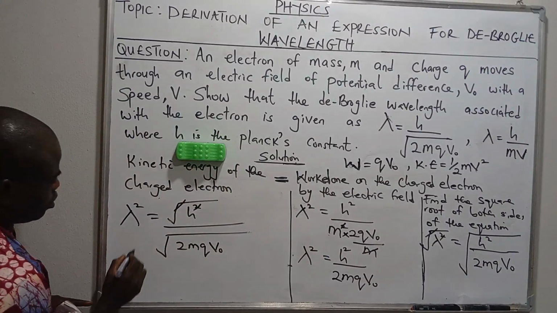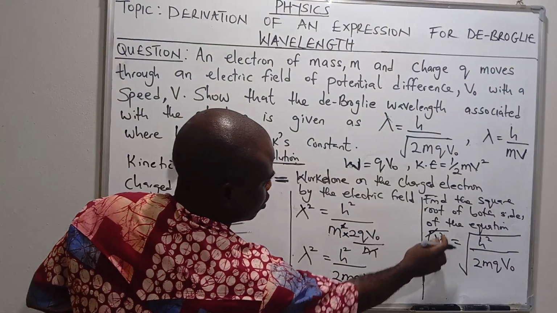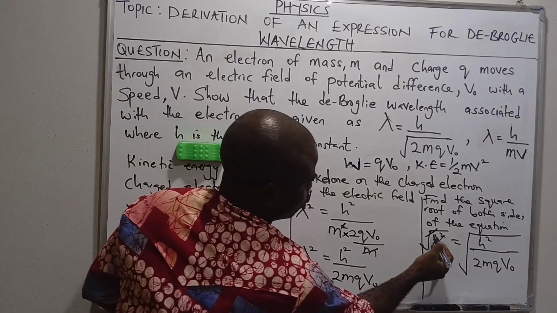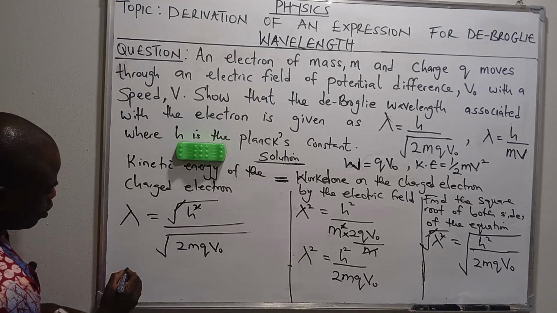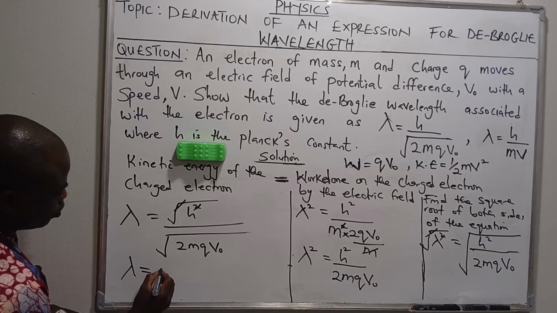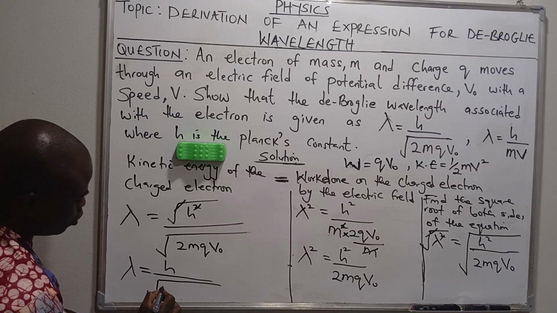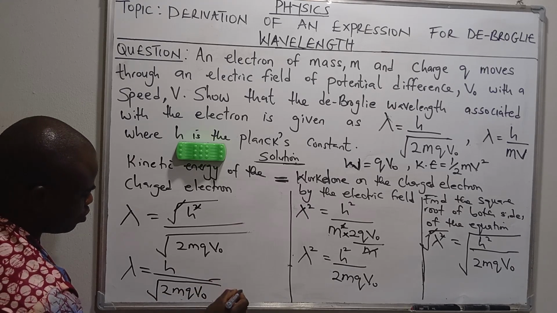Now, what do you have here? You have cancelled this, and you're left with wavelength. You now have wavelength equals h over square root of 2m qV naught.